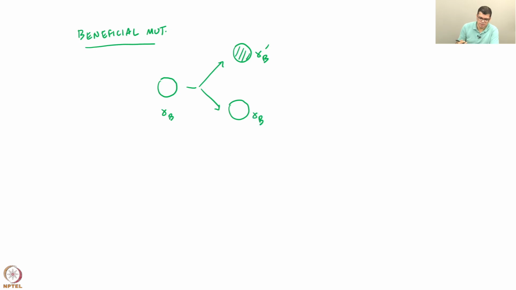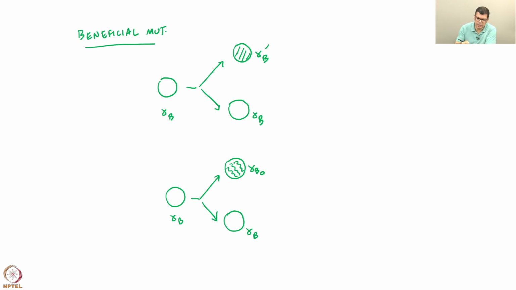At the same time, in the same chemostat, another B type individual growing at RB divided, picked up a mutation, and let us say this individual is RB naught and this is RB, and this is RB.